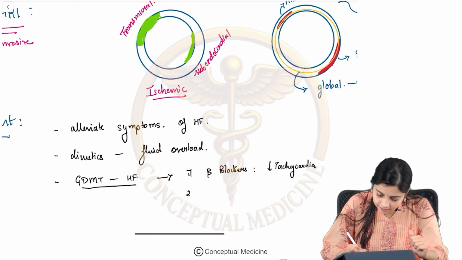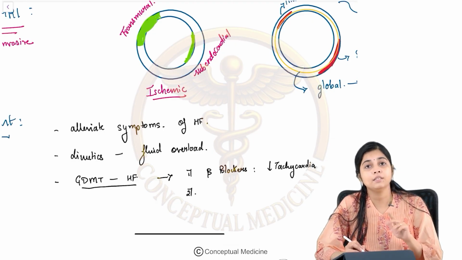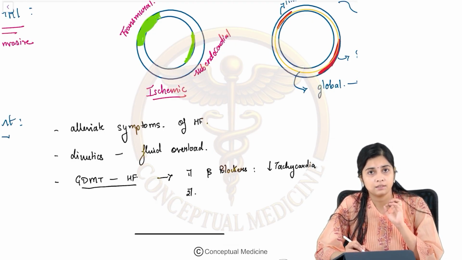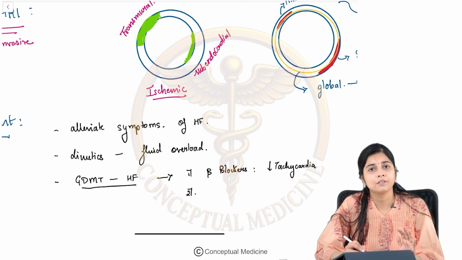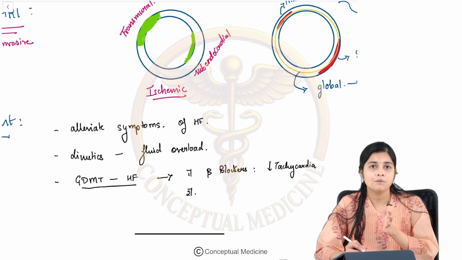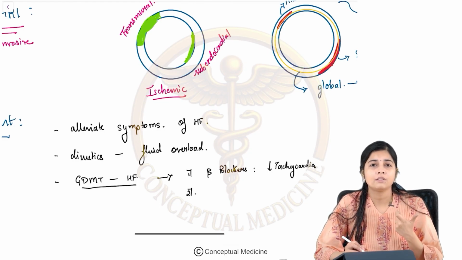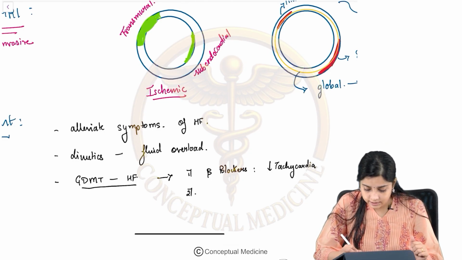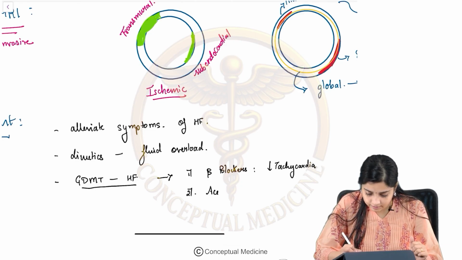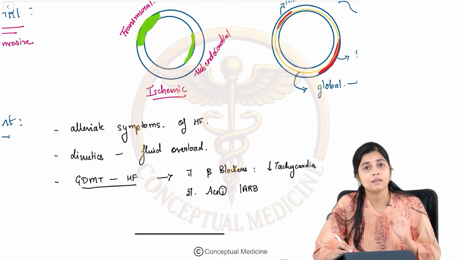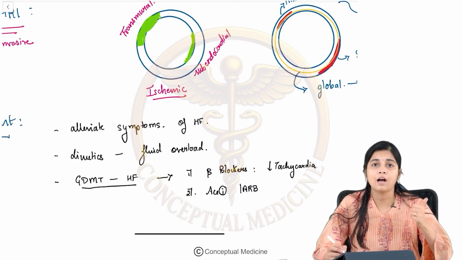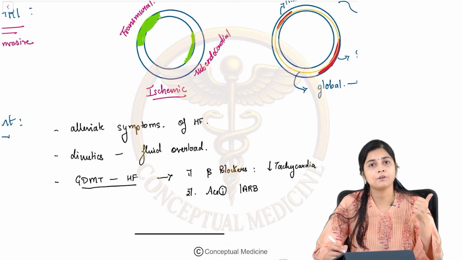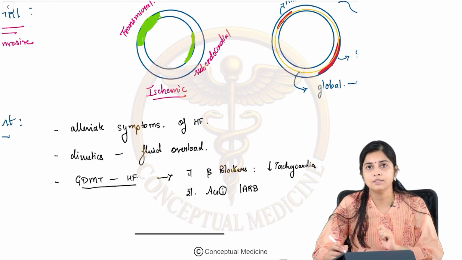Okay. The second group of drugs basically help in cardiac remodeling, they also help in reducing the afterload, and they inhibit this overall pathophysiological process: the ACE inhibitors and ARBs, which is nothing but the angiotensin converting enzyme inhibitors and the angiotensin receptor blockers. Okay, how do they work? We will be looking at that in the chapter of heart failure under the pathophysiology section.